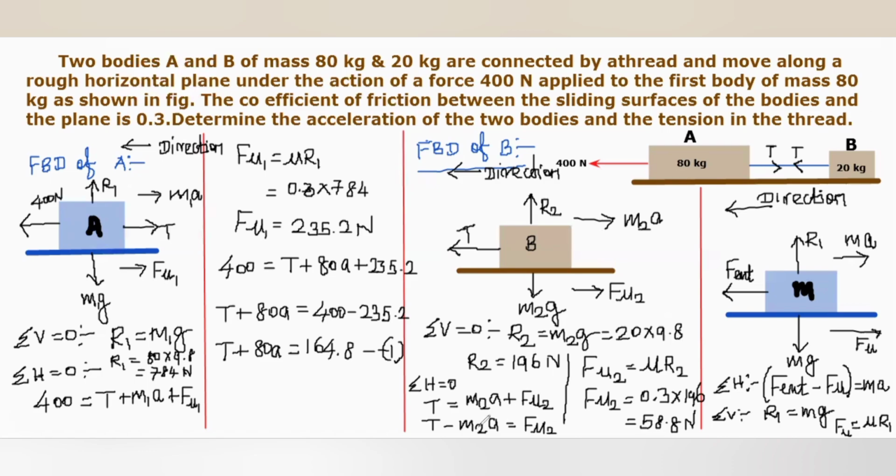Okay. So if you substitute both the values, we will get the second equation with the two unknowns, tension and acceleration.